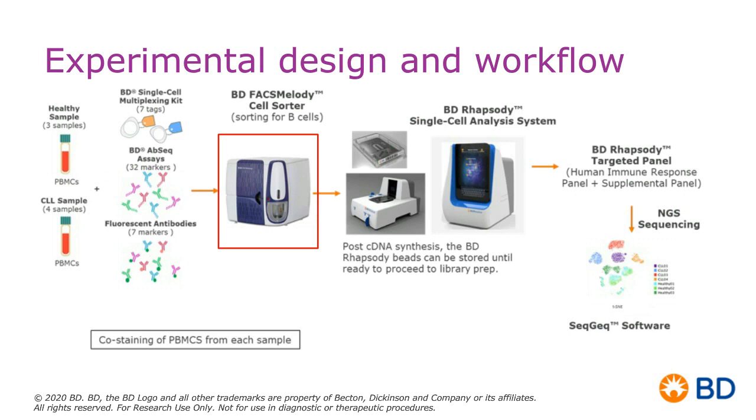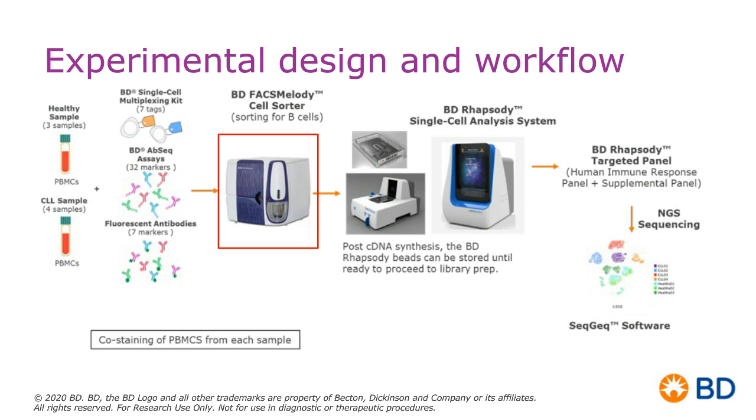We stain individual tubes first for each sample, and then we add all of the BD AbSeq antibodies in this assay, which happens to be 32 antibodies, along with the antibodies that we need for our cell sorting, so 7 fluorescently labeled antibodies. We can add all of these simultaneously to all of these individual tubes, and the reason we use the multiplexing kit is we can combine all of these samples together and then deconvolute them on the backside during the bioinformatics analysis.